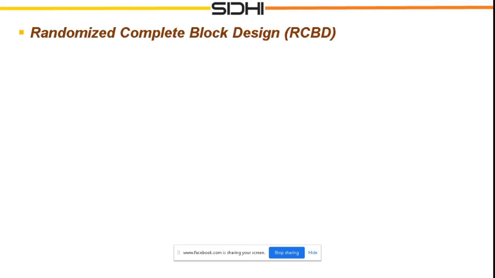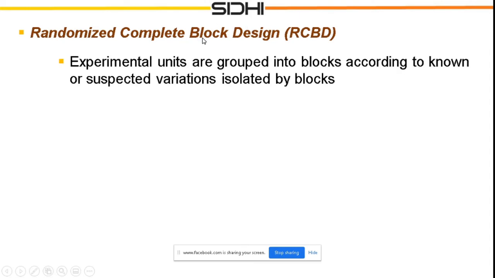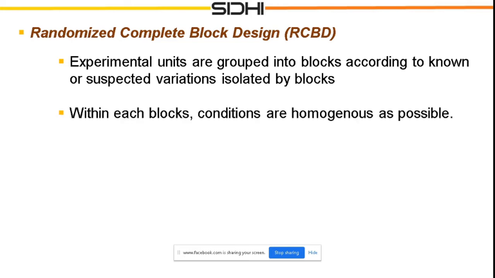Next is your randomized complete block design. Okay, so take note of the word block. So experimental units are grouped into blocks according to known or suspected variations, which is isolated by blocks. Okay, so within each block, conditions are homogeneous as possible. Okay, so for example, you have a source of variation. For example, if you're doing this in the field, I'm sorry, I'm always using field experiments because that's my thing.